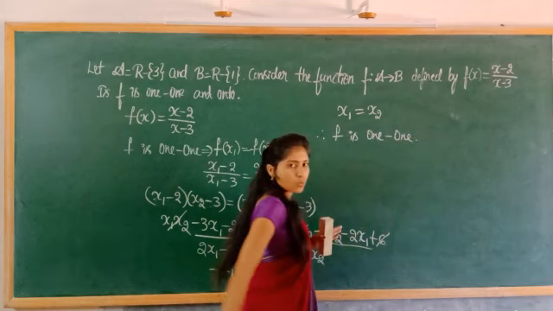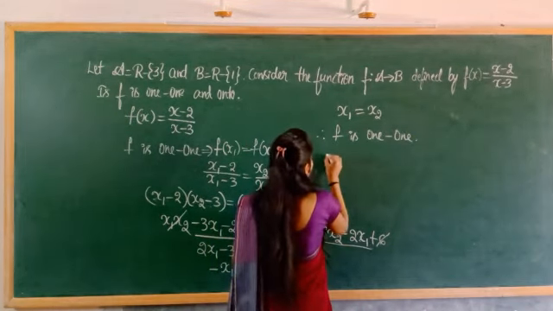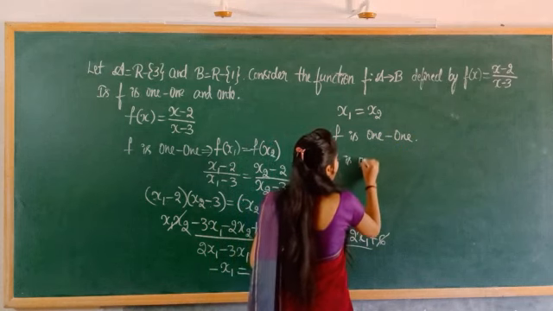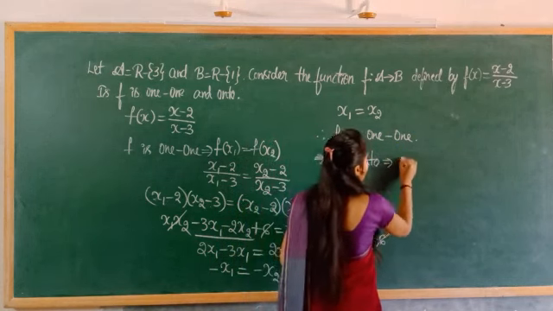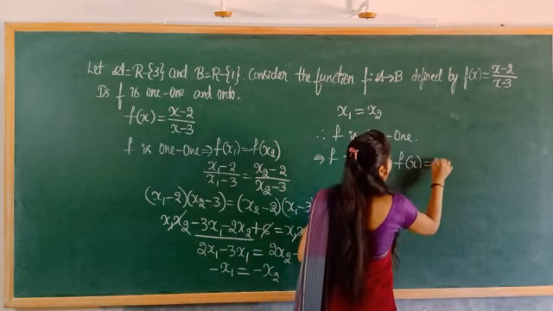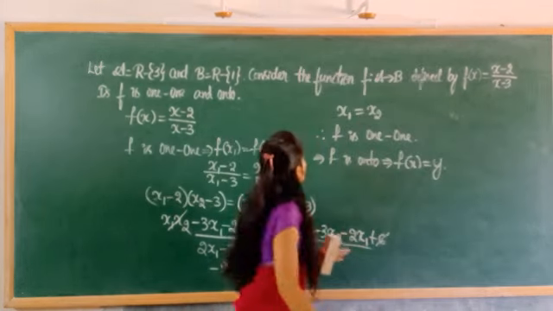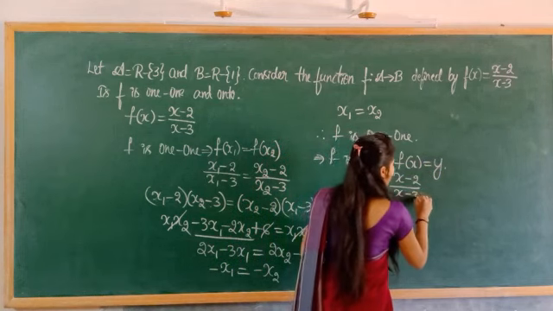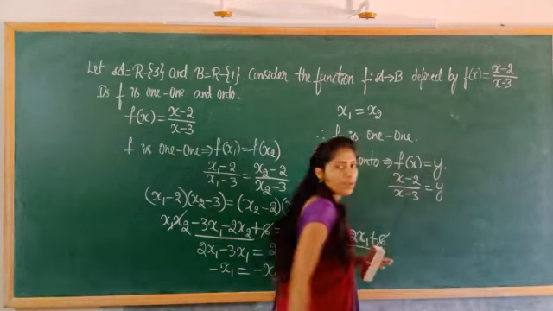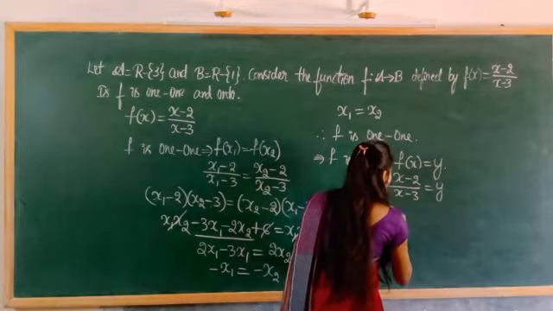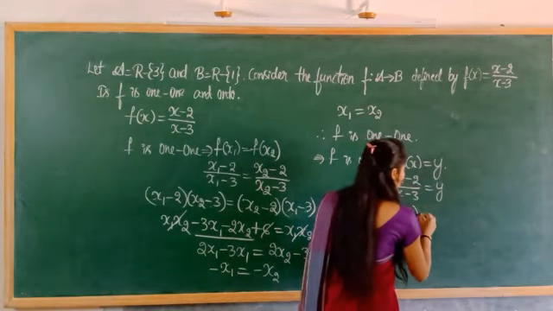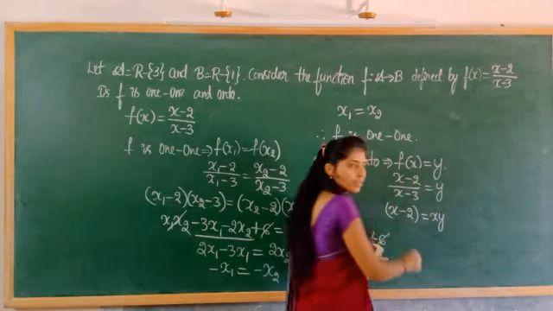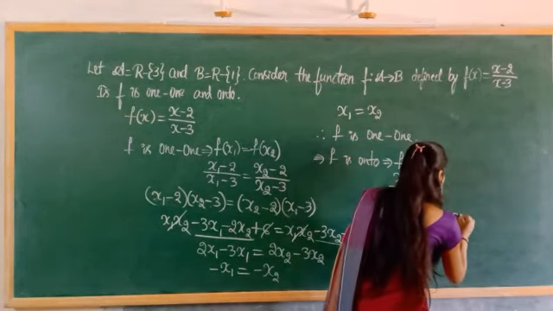F is 1-1. Now we have to check whether f is onto. The condition is f of x is equal to y. The value of f of x that they have given is x minus 2 by x minus 3 is equal to y. Now multiply: x into y is xy, and here minus 3y.